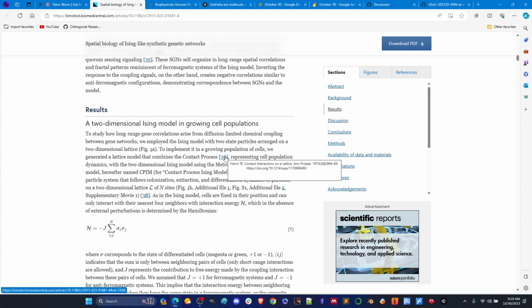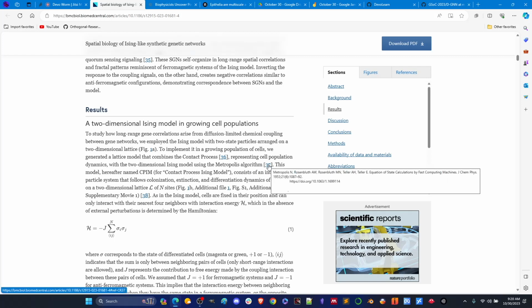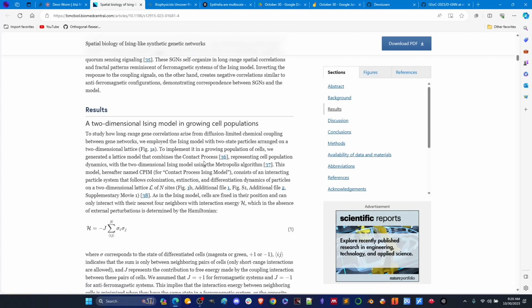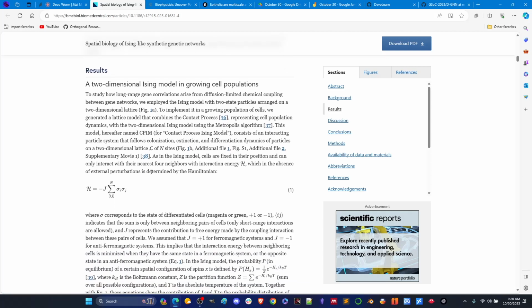And it's a formal model in physics, and actually in probability, representing cell population dynamics with the two-dimensional Ising model using the Metropolis algorithm, which is from the paper equation of state calculations by fast computing machines from 1953. So this is one of the original Metropolis algorithm citations. And so that's their model.